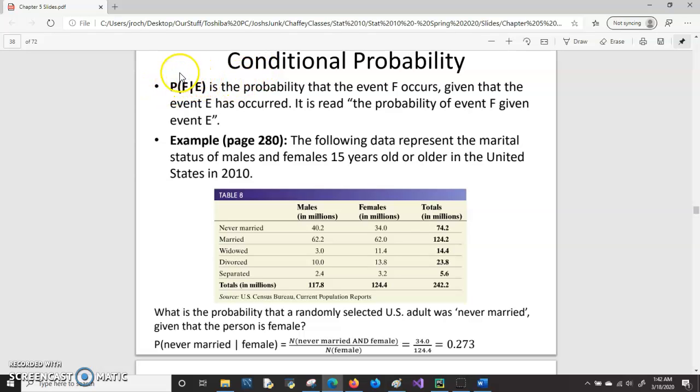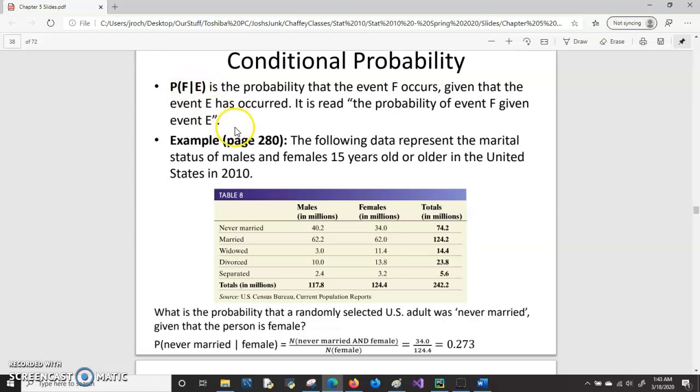The notation for conditional probability is P parentheses F slash E. And what that means is the probability that event F will occur given that event E has already occurred.